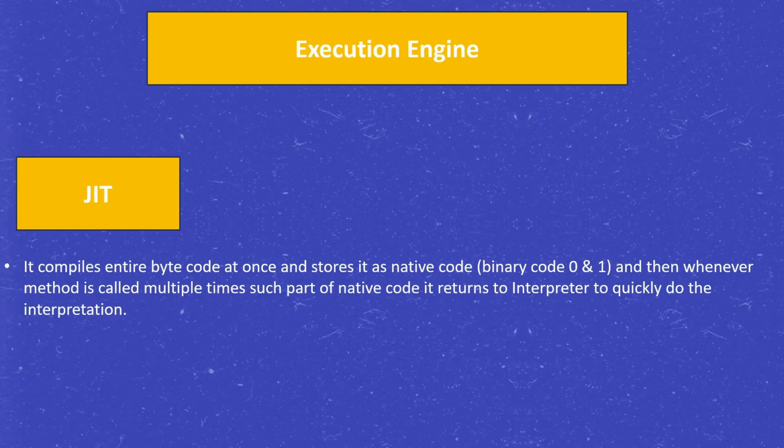Anytime a method is being called again and again, the JIT compiler will give the bytecode of that method to the interpreter, and then the execution of your Java code is faster. So inside the JVM we have both an interpreter as well as a compiler.